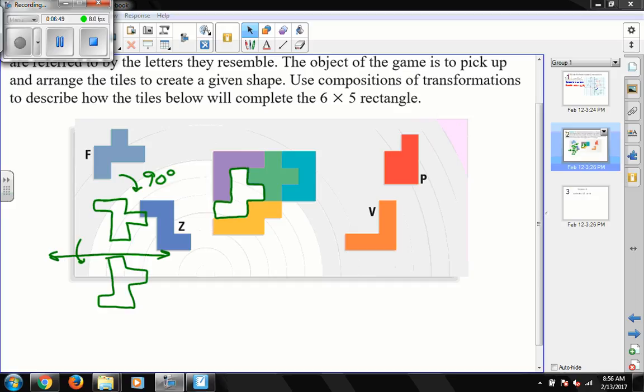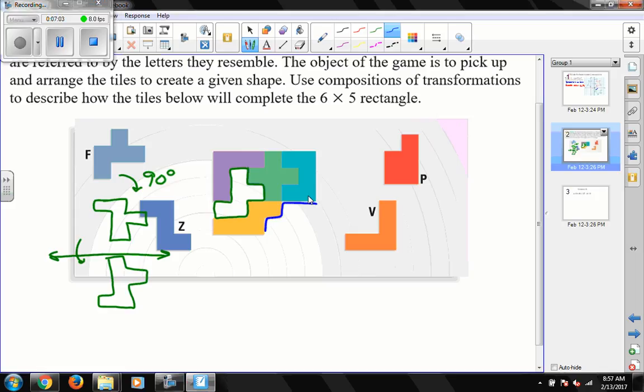All right, now that we have this green space filled with F, using the 90-degree rotation and then the reflection, we need to figure out what is going to fit into this space from the existing parts that we already have. Obviously, Z isn't going to work.